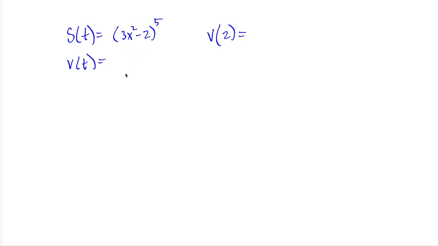So like on this one, you don't want me to ask you how to find the chain rule? Should we save time? Okay, that's fine with me. So 5, I'm going to do the power rule to the 4th power times the derivative of the inside, which would be 6x. And then v of 2, I'm just going to plug 2 in. So the position and velocity question isn't intended to be anything complicated, it's mainly just find the derivative, plug a number in. It's there to refresh and keep in your mind how they're related.